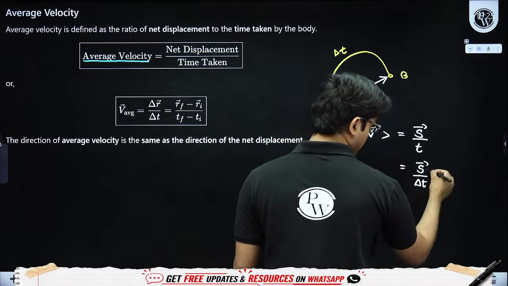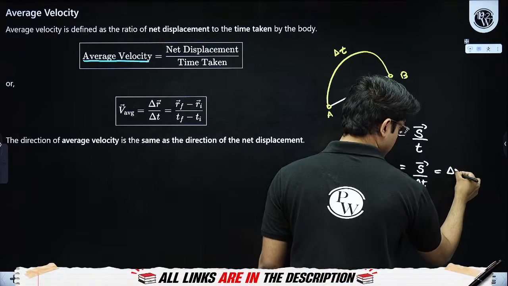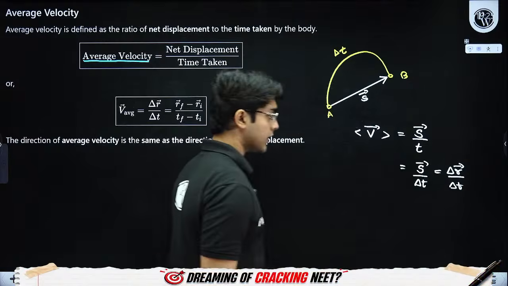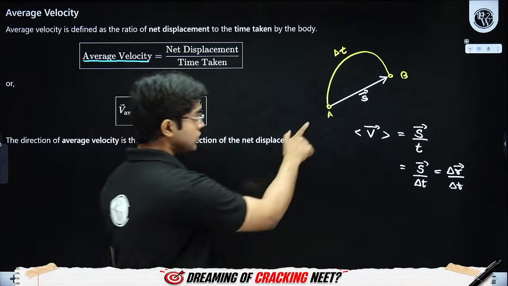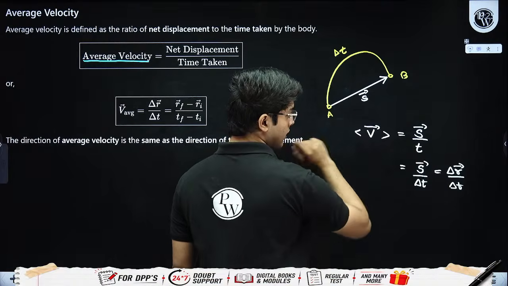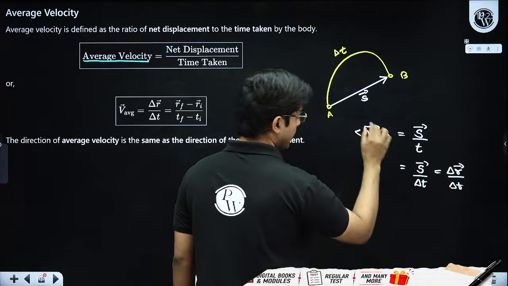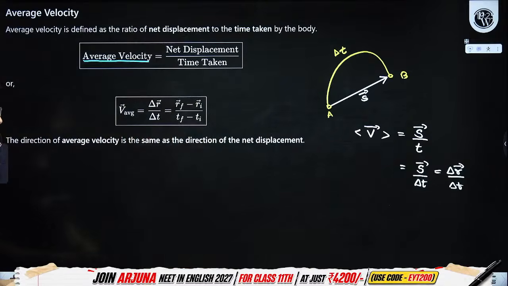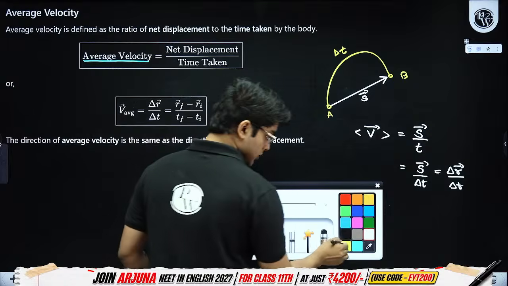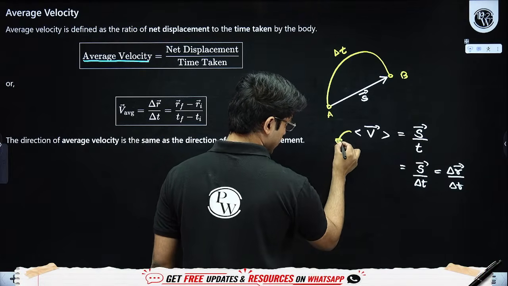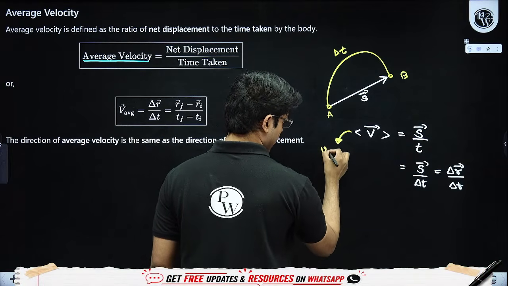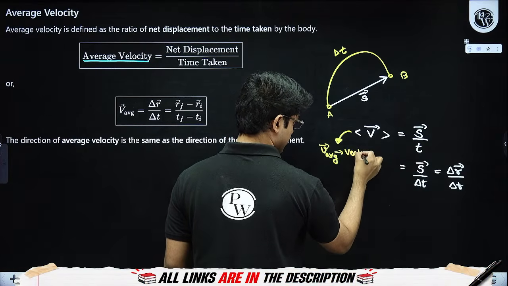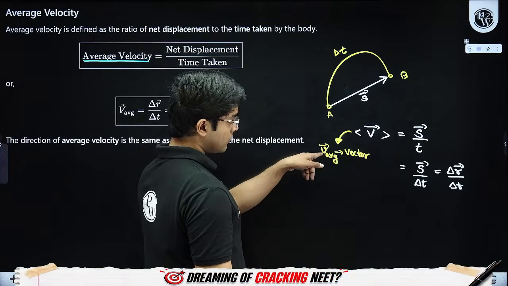Now displacement vector, from our previous discussions, you can also write it as change in position vector divided by change in time. So if this journey took delta t seconds, the displacement in that journey divided by the time, that is your average velocity. This average velocity is also a vector, right? Average velocity is a vector quantity. And what is the direction of the vector?